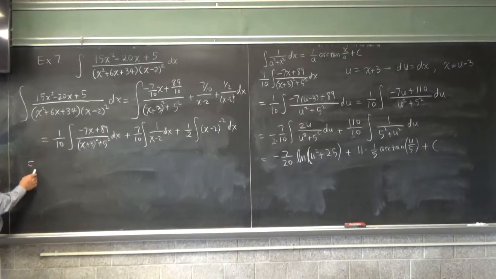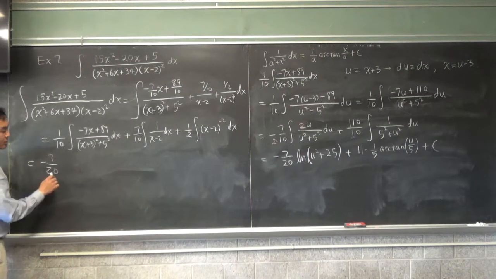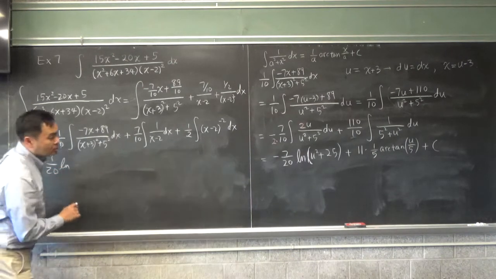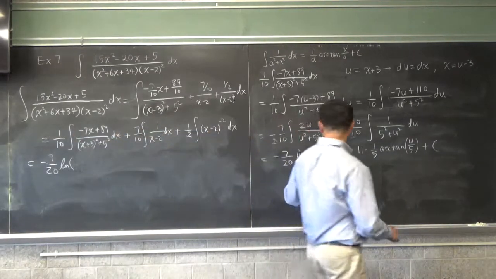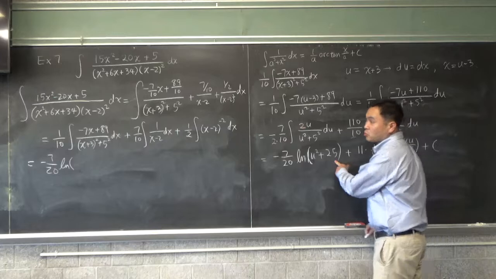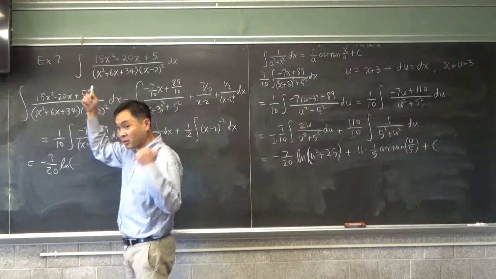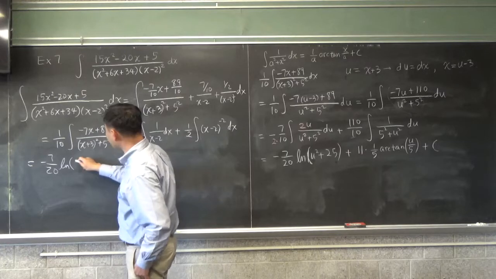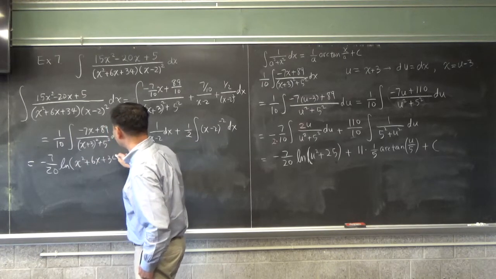Okay? So we are going to get negative 7 over 20 ln of, well, (x plus 3) squared plus 25 is this part right here. That's where that came from. So we can just write that, x squared plus 6x plus 34.